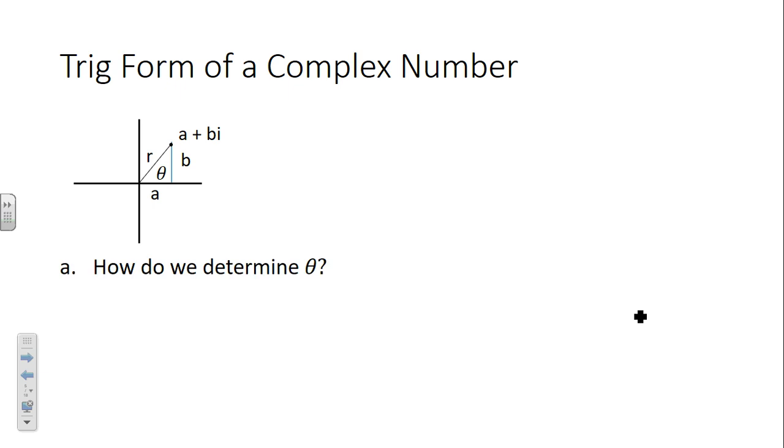So how do we determine theta if we have a plus bi, where a is your horizontal movement and b is your vertical movement, on the vertical imaginary portion of the plane? How are we going to find theta? If we know a and b, what will we do to find theta?